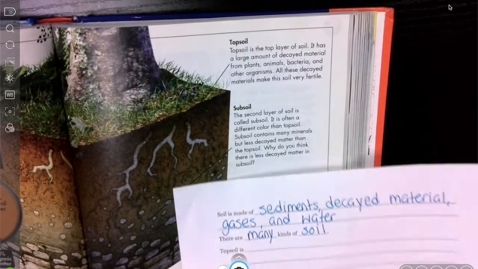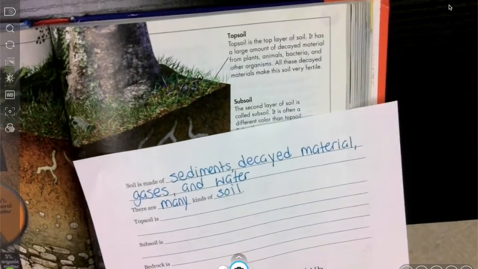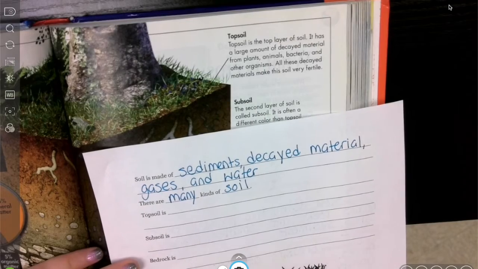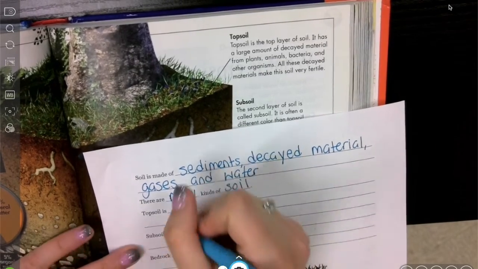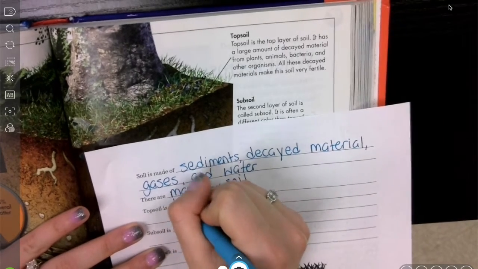So we've got topsoil, and you see topsoil, it's the top layer.